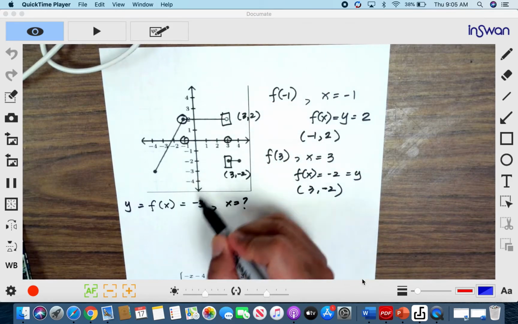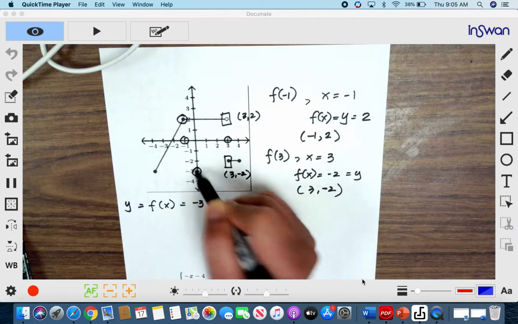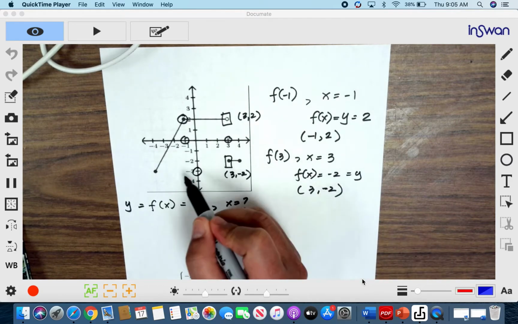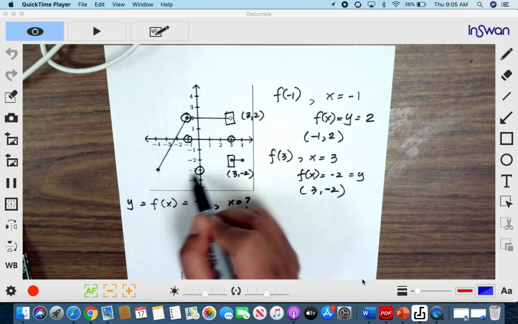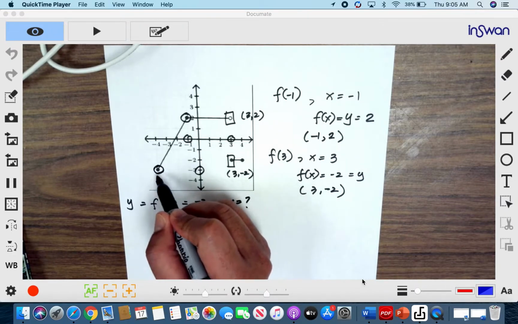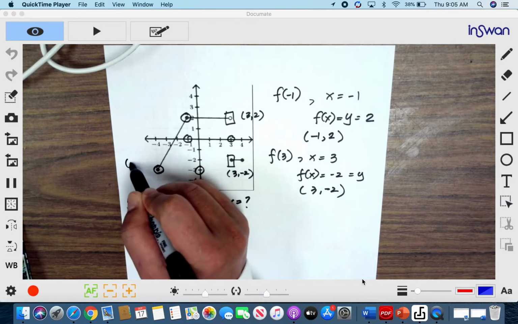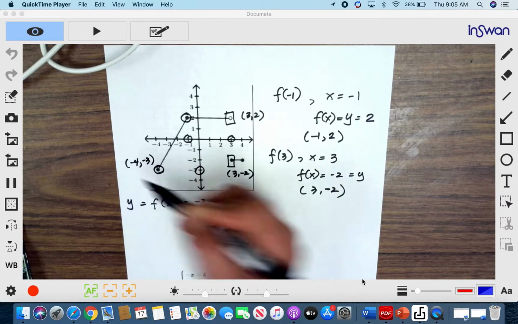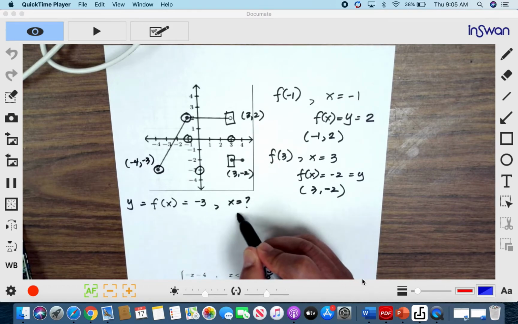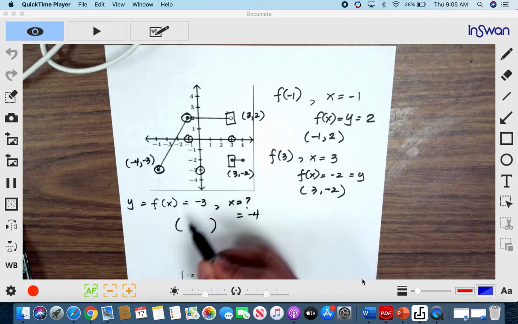In this situation, your y is -3. This is the point we are looking for, and we are trying to find the x where your graph will be hit. It will be here, and it's a dot, so it is defined here. The point is when your x is -4 and your y is -3. So your x is -4, and the graph is hit at (-4, -3).